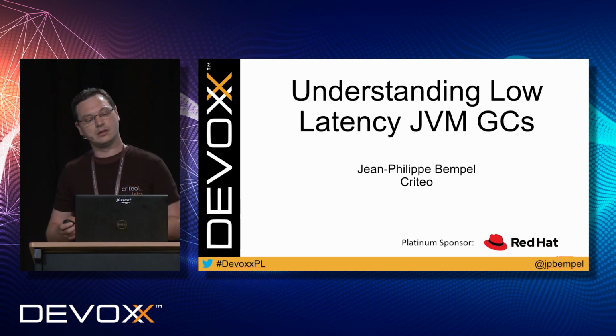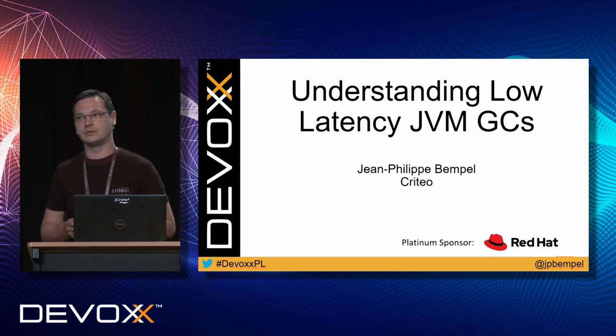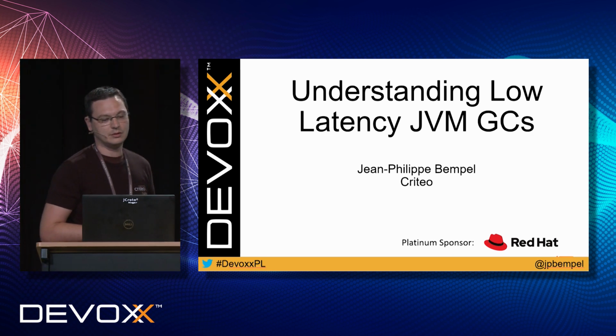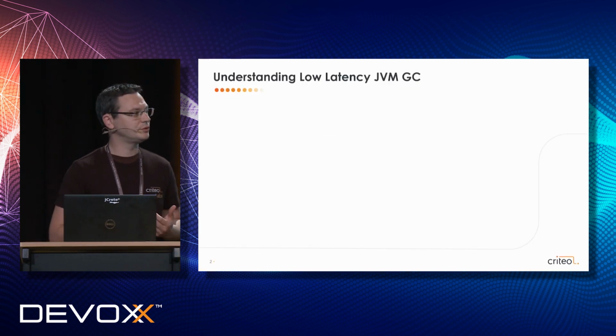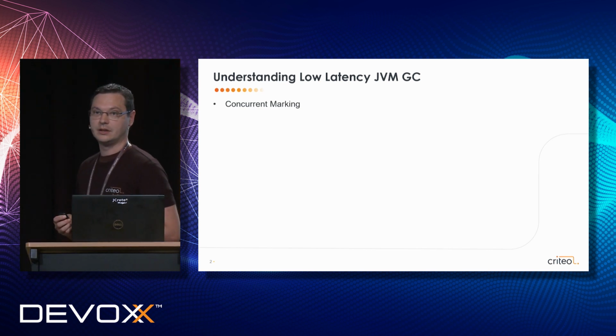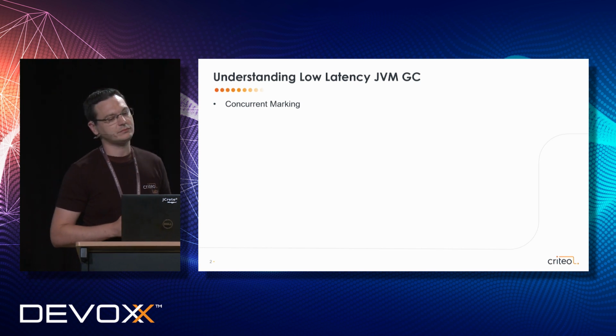So I was keen to go to the low latency GCs like C4 from Azul, and then to understand how they can lower the pause. So I'll present in this session the technique for concurrent marking that is common for both algorithms that we'll see in this session.